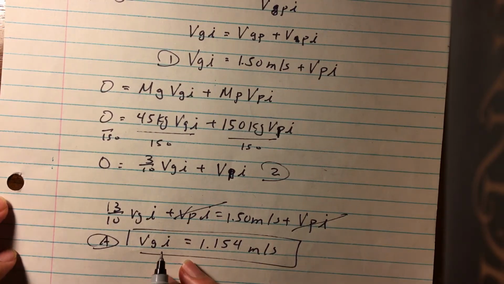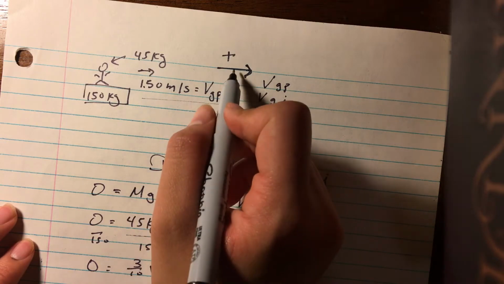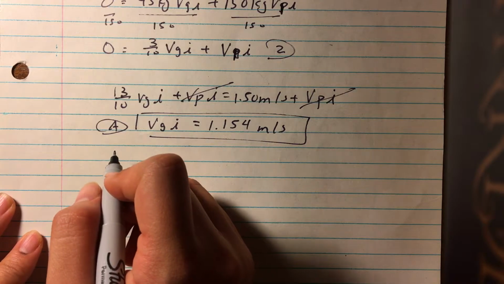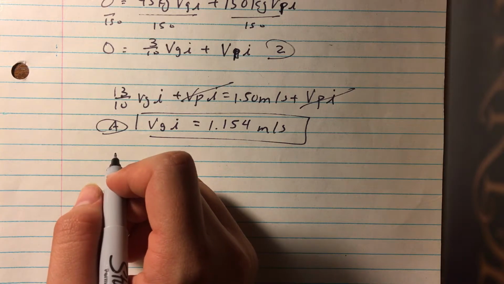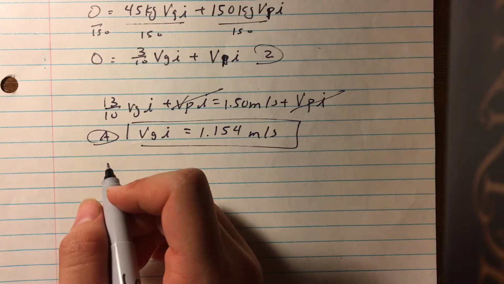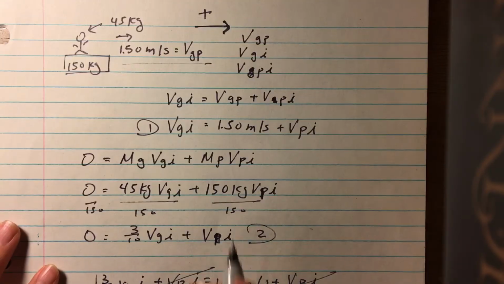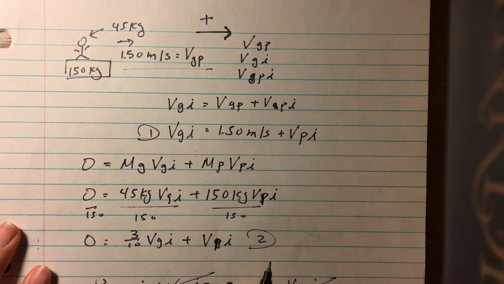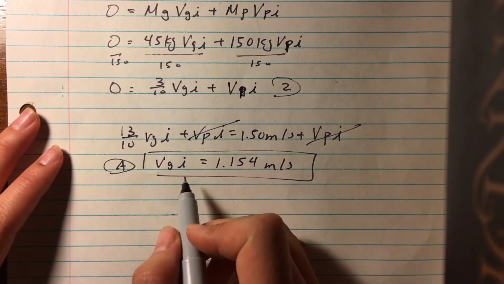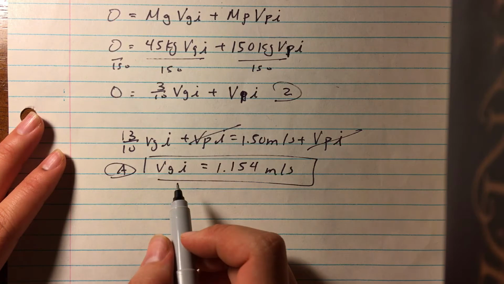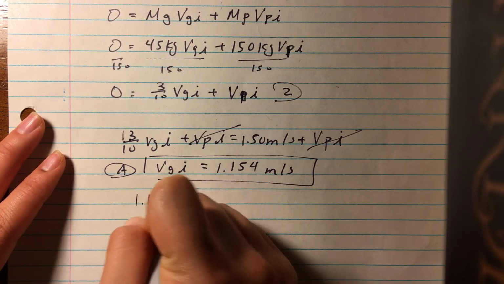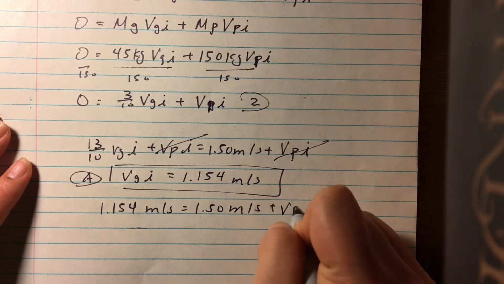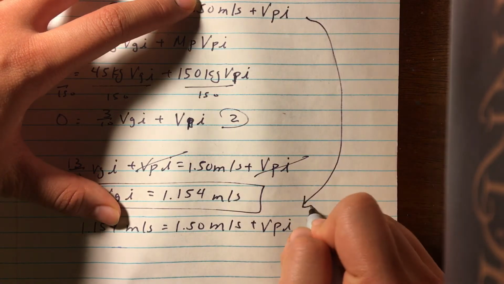And notice how this is relative to the direction that we made positive, which is right. So she's going right. In order to find the second part of the question, which is the velocity of the plank relative to the surface of the ice, that would be the second variable in this equation. Now, you could either go back and resolve for the VPI, or you can just substitute in your answer and then plug it in and solve, which is what I'm going to do. 1.154 meters per second equals 1.50 meters per second plus VPI, and this is where that came from.